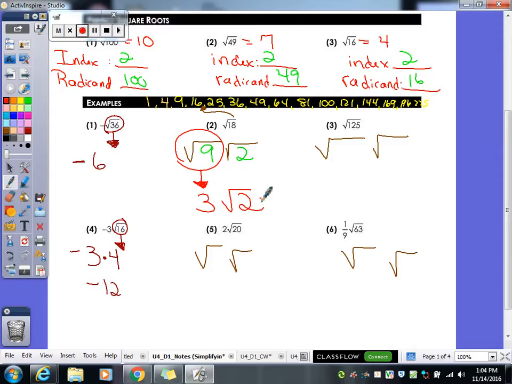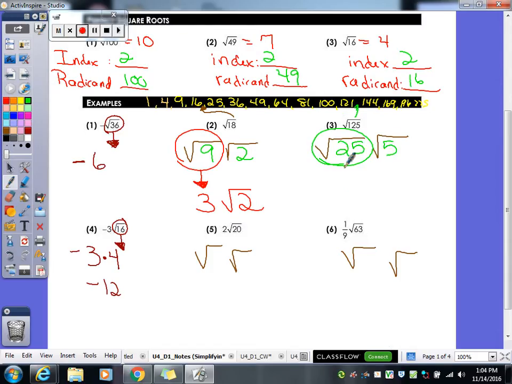Now, the bigger the number, the more things that will go into it. So for 125, 125 falls right here. You can try to test all of them, but 125 is kind of easy. What goes into 125? 25. 25 is the biggest perfect. It's actually the only perfect that goes into it. 25 times 5.